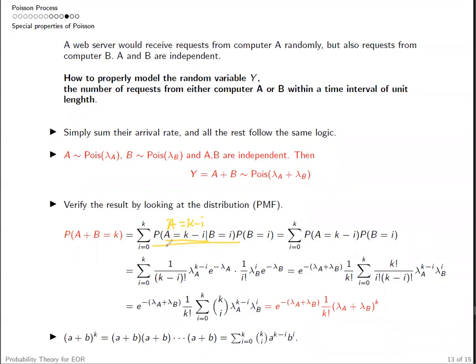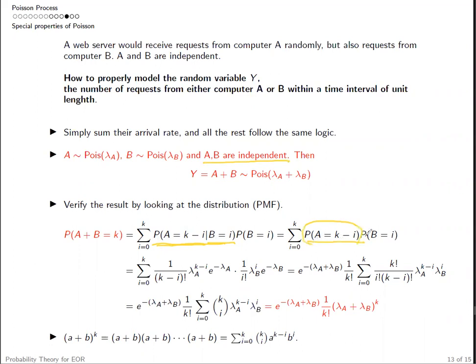So if A and B are independent, given what happens to B, the probability of this event will remain exactly the same. So this conditional probability is essentially equal to the probability of A equals k minus i.